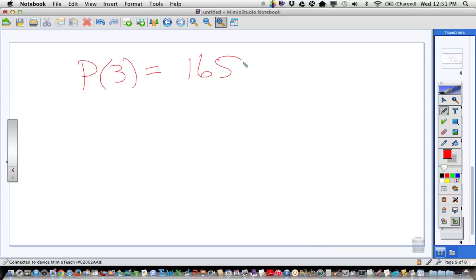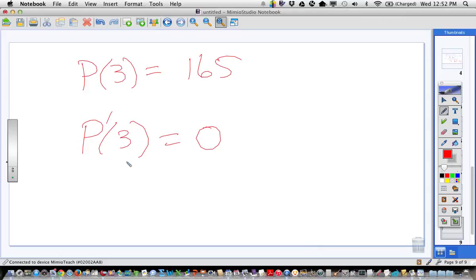Could we be stopped? Could we be going east? Could we be going west? Absolutely. Now again, pretend you're not looking at those graphs. All we know from this information is at 3 p.m. we're 165 miles east. Now, if we combine that with that, it means we're not moving.